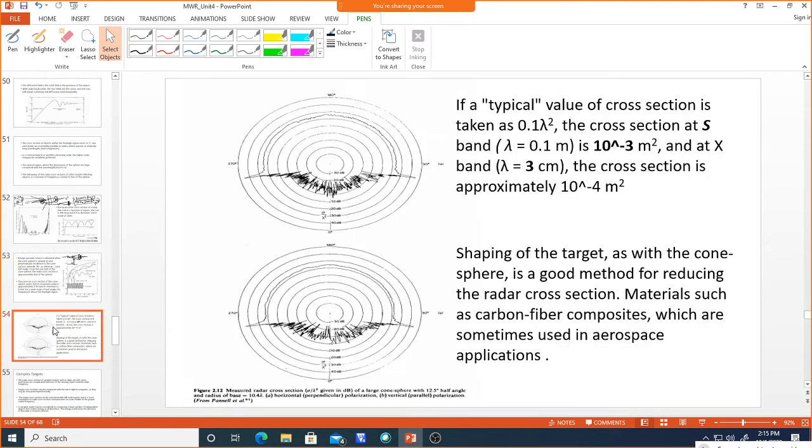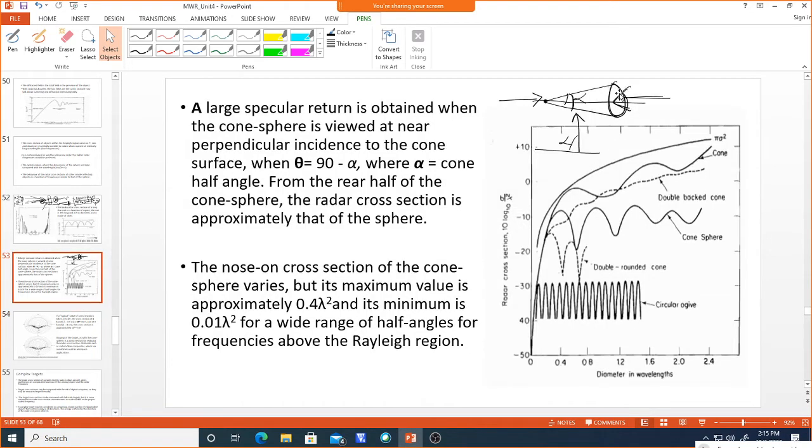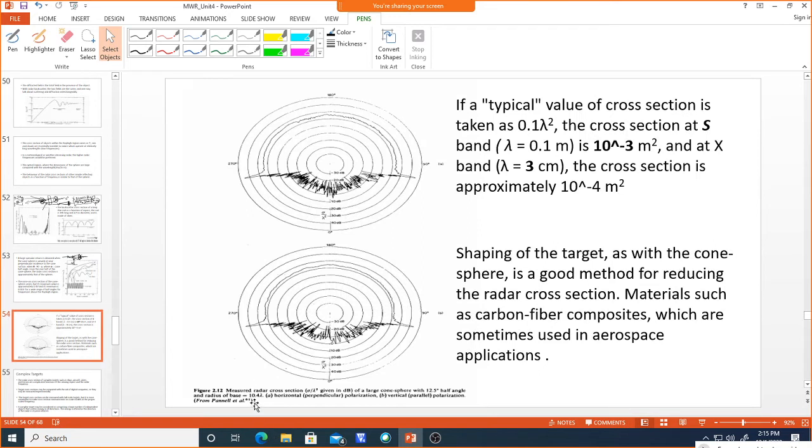Okay, now you can see a typical measurement in the PPI or polar indication, the range with respect to angle. The cone sphere is measured with a half angle of 12.5 degrees. You can see the base radius we discussed here is around 10.4 lambda.